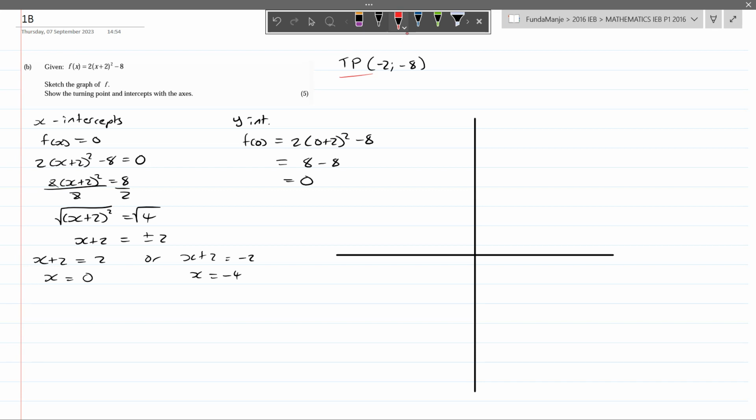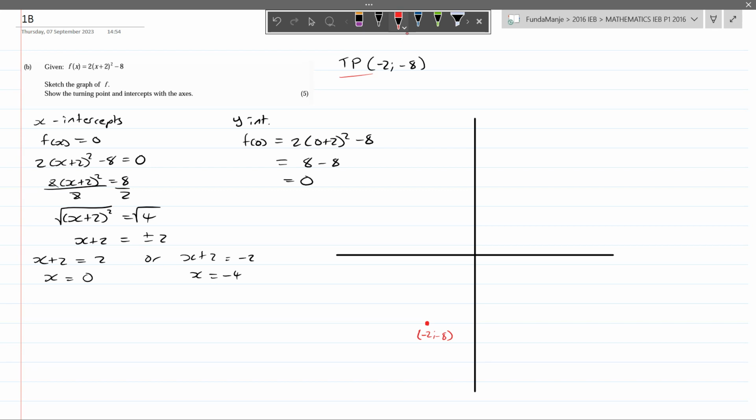So that's minus 2 and minus 8, so it could be somewhere here, and actually maybe somewhere here. It doesn't have to be too accurate as long as you're showing your points. And since you can see a is positive, it's a smiling graph, so we know it's going to be facing up, or it's going to be smiling basically. And this point we can put in minus 2, minus 8.